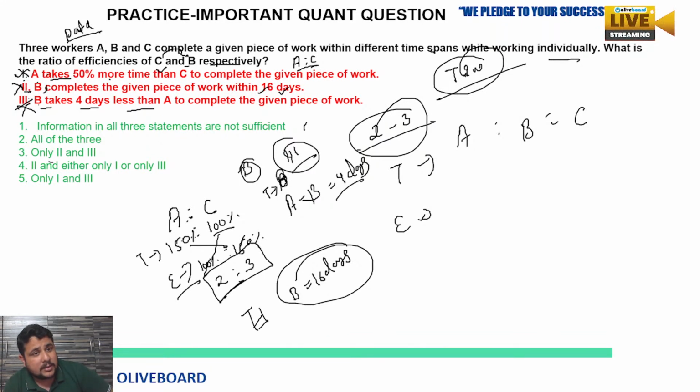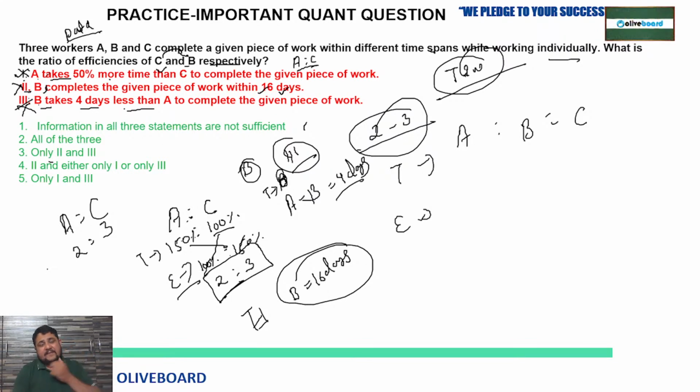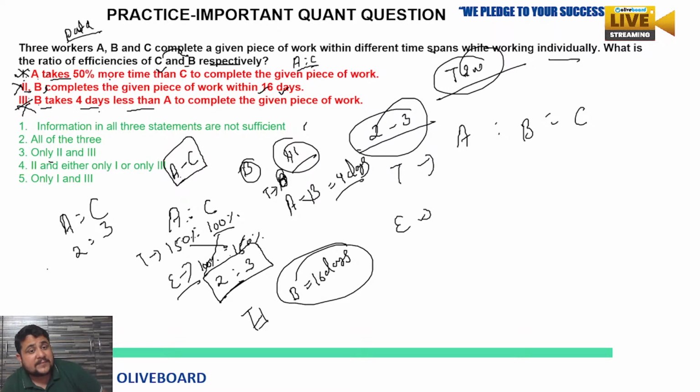Now first and third. So A and C's efficiency ratio is given, that is how much? A and C efficiency ratio is 2:3. Okay. And B takes 4 days less than A to complete the given task. So here what is given? A and B's time difference is given.